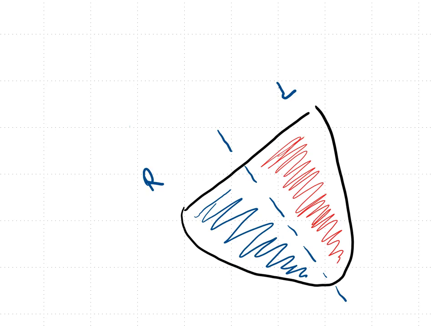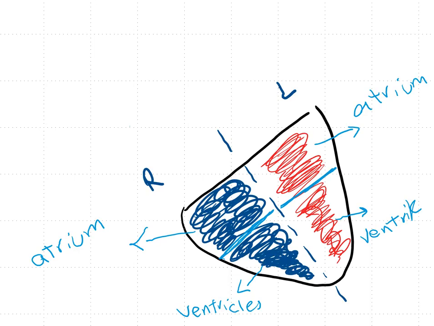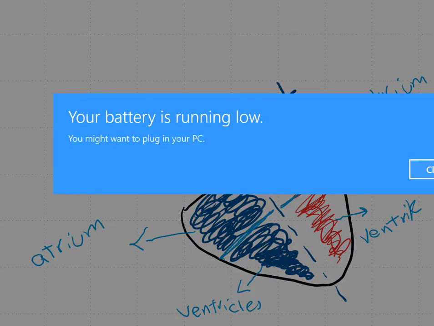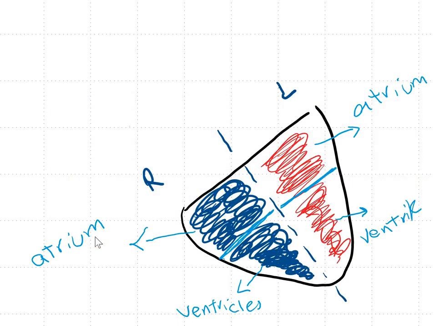We can also divide each side of the heart into two chambers. The superior chamber we call the atrium, and the inferior chamber we call the ventricle. In this way, we have four chambers in the heart: right atrium, left atrium, right ventricle, and left ventricle.